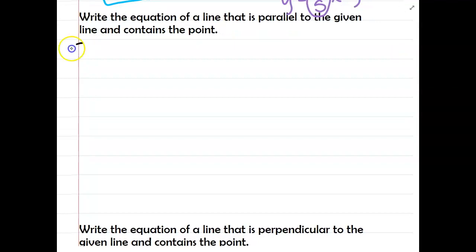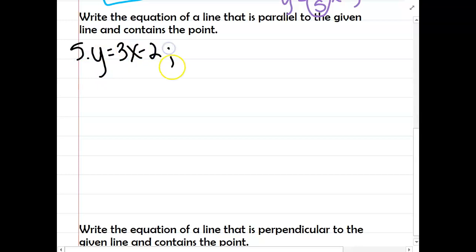So these ones, we want to write the equation of a line that is parallel to y equals 3x minus 2 and contains the point 6, negative 2. I want to write the equation of a line parallel to this line and passes through this point. Okay? This is the same thing we've been doing the last couple of days.